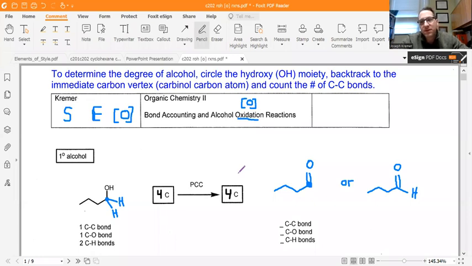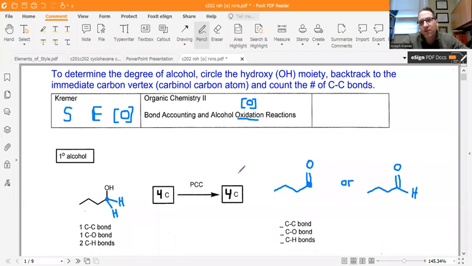Similarly, 1 degree and 2 degree alcohols will give oxidation reactions, and 3 degree alcohols will give no reaction. So we want to be able to typify an alcohol by degree.